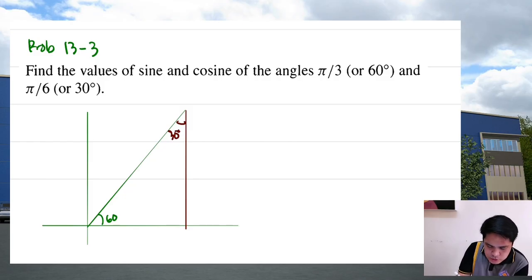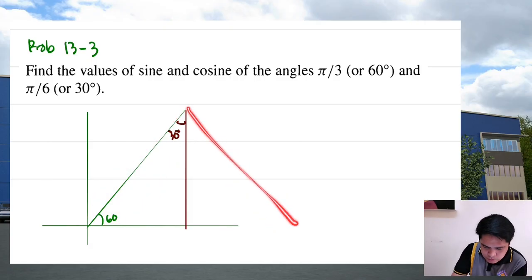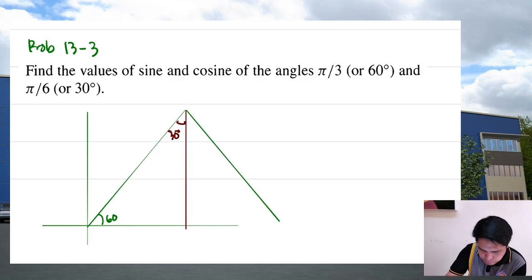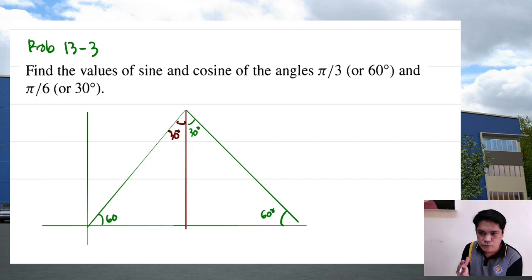Okay, and if this is 30 degrees and we flip this triangle, like this, if we flip it like this, so what we have formed actually is an equilateral triangle. Because this is also 30 degrees. So 30 plus 30 is 60. Then this is also 60 degrees, because this is the same triangle that was just flipped.